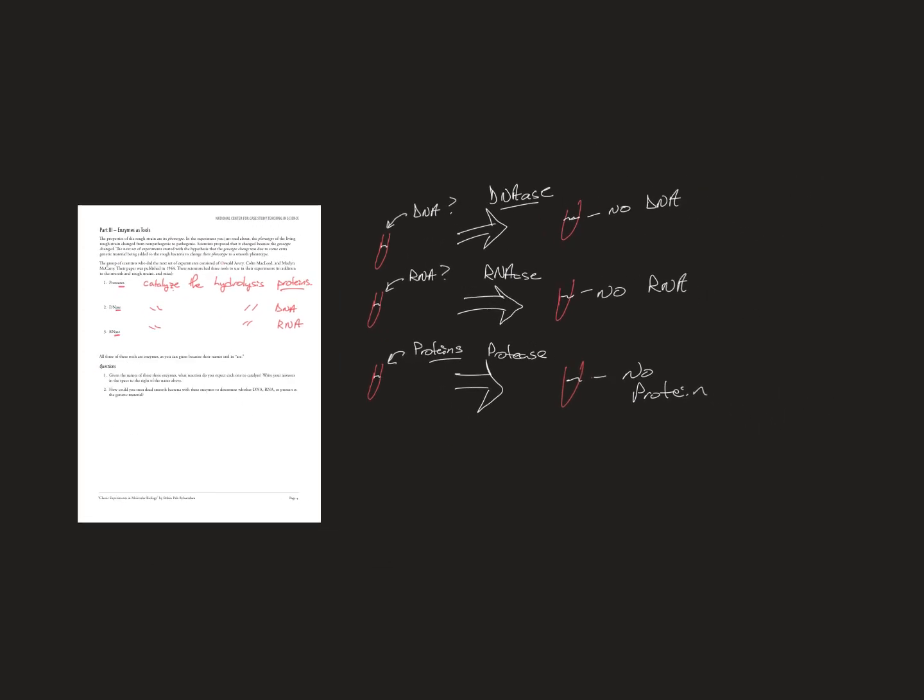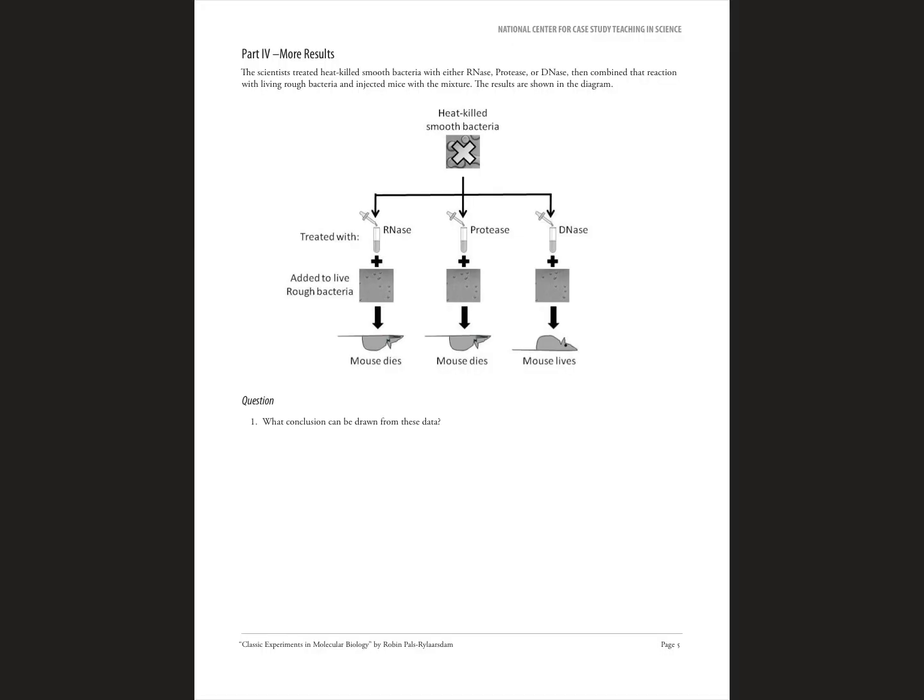So now, when you kill that smooth strain bacteria and you put that DNase in there, and then you put it with the rough bacteria, if it transforms, then it's not DNA, right? Let's go and look and see what happens. So he killed the bacteria, then they add RNase.